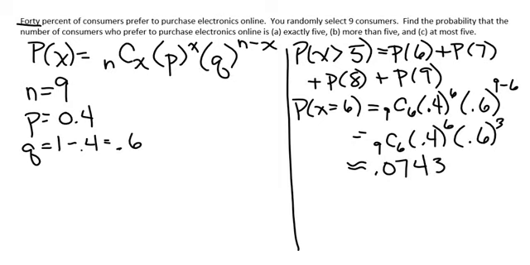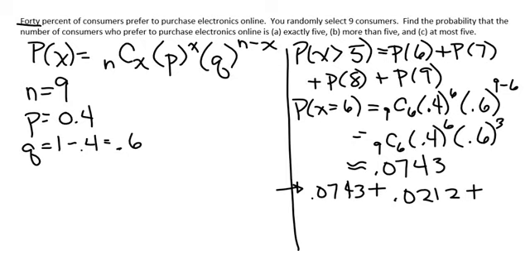Okay, now I'm going to do this with each of my numbers, x equals 7, x equals 8, x equals 9, entering the entire expression into my calculator all at once. I'm going to go ahead and rewrite that 0.0743, and then for x equals 7, I find 0.0212.